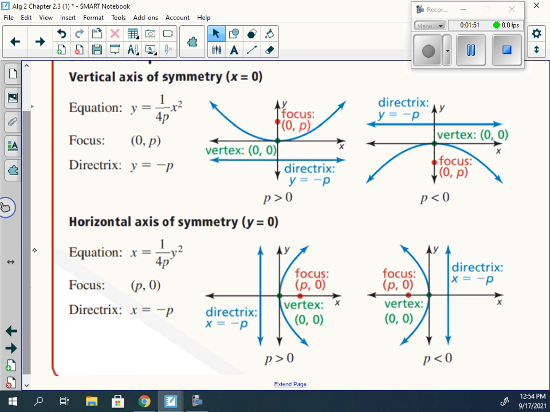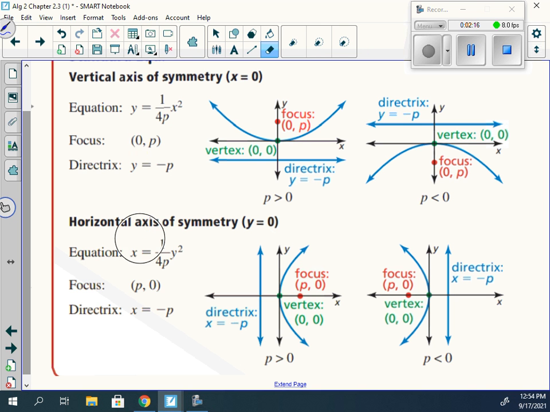And really all of these equations that we get are coming from the fact that the vertex is going to be the point 0, 0. The vertex for all of these that we're going to look at today is 0, 0. Now, there are other equations that deal with this, because really the focus is h and k.